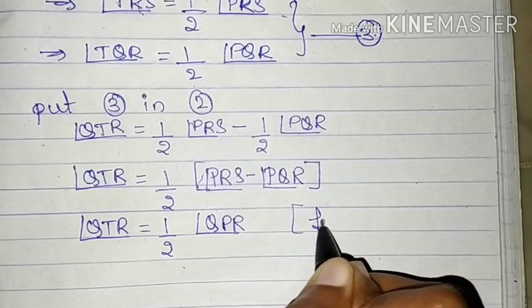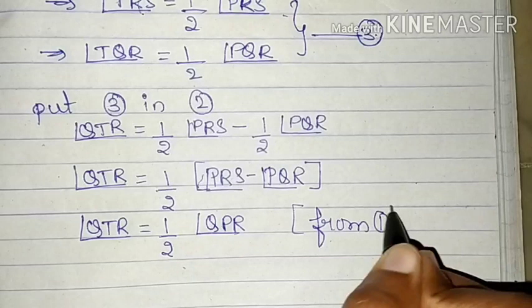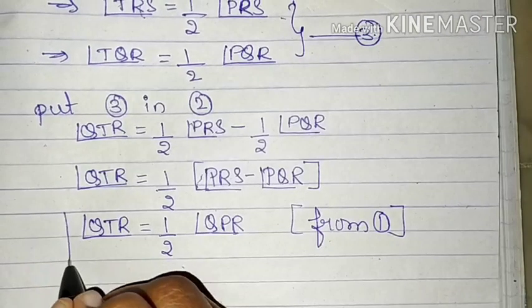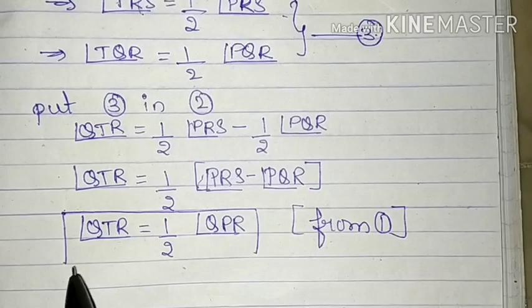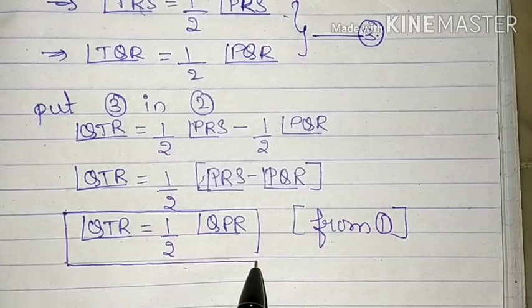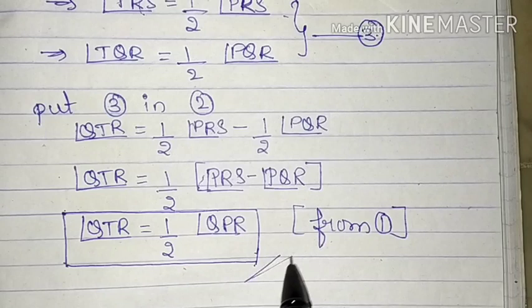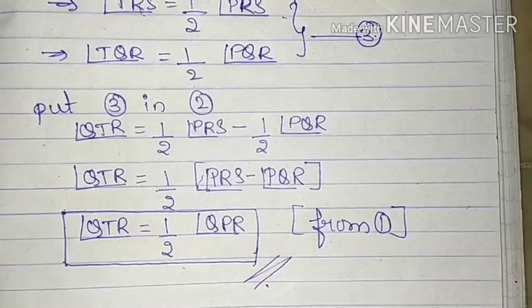We were supposed to prove that angle QTR is equal to half of angle QPR, and the end result which we got here is the same. So this is the solution to our last question. This completes your chapter Lines and Angles. Thank you.